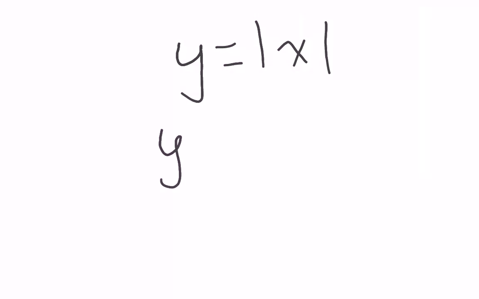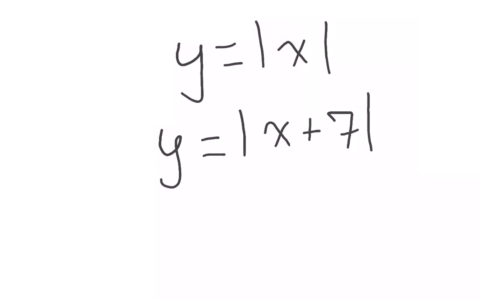So let's start with the first example. It says, what describes how to translate the graph y equals absolute value of x to obtain the graph of y equals the absolute value of x plus 7.